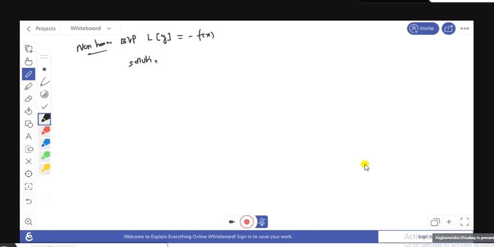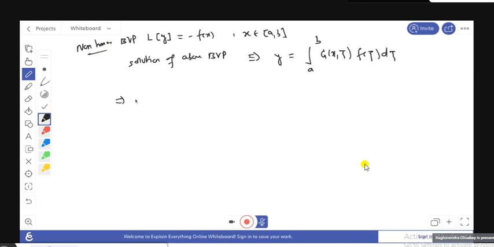You know that the solution of the above boundary value problem, for x belonging to the closed interval [a, b], equals the integral of the Green's function, the solution of your homogeneous part, times f(xi) d xi.